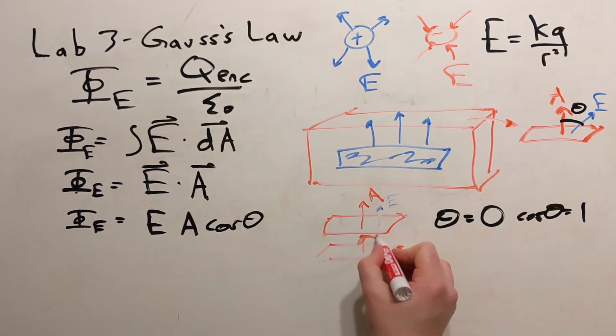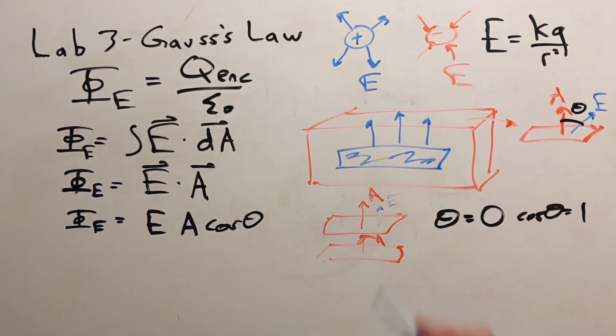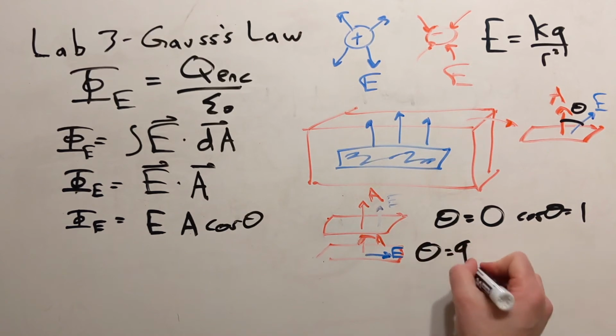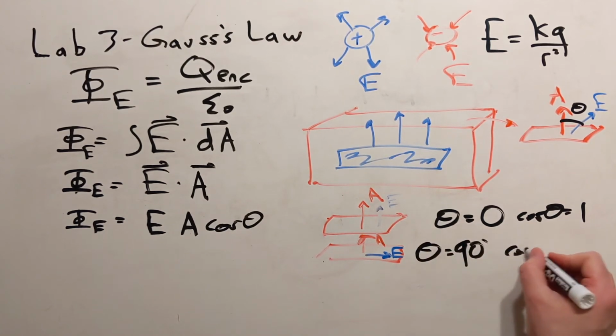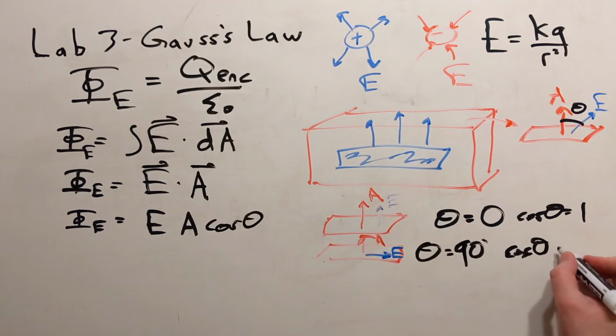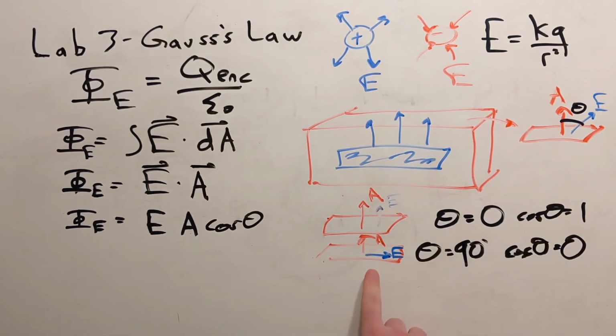What if the electric field vector was now pointed perpendicular to the area vector? Well, in that case, our theta is going to be equal to 90 degrees, and our cosine of theta is going to be equal to 0. And that kind of makes sense. We're trying to quantify the amount of electric fields leaving the surface. In this case, they're just running along the side of the surface, so there's no flux going through that situation.